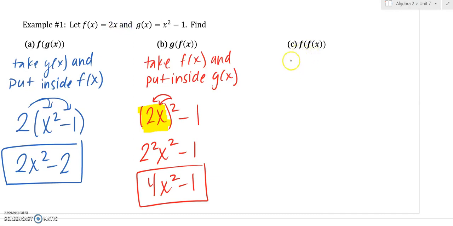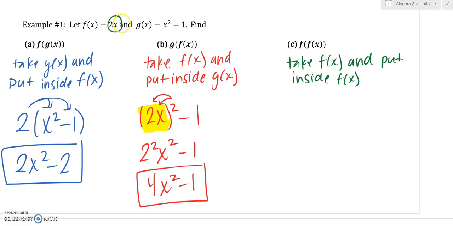Okay, let's do this last one. F of f of x. So as weird as it is, I'm going to take f of x and put it inside f of x. Sorry guys, it's passing periods.